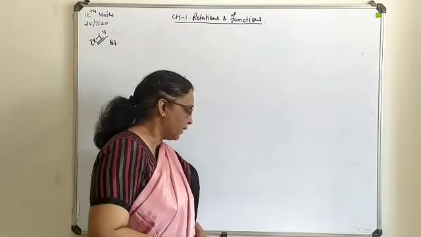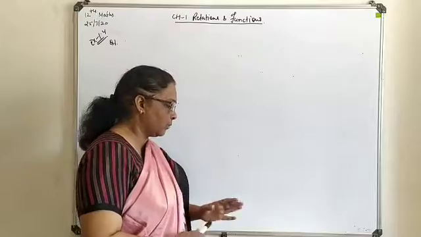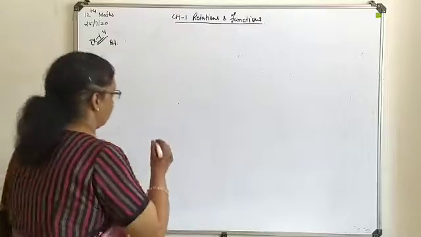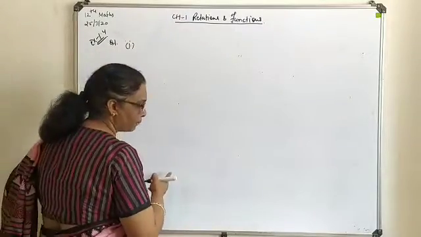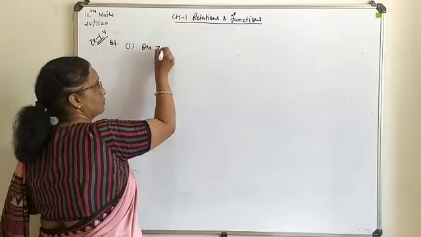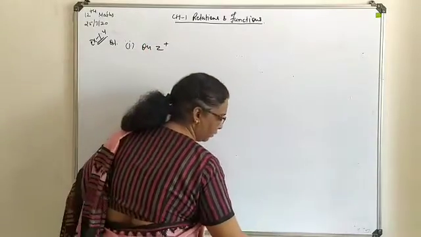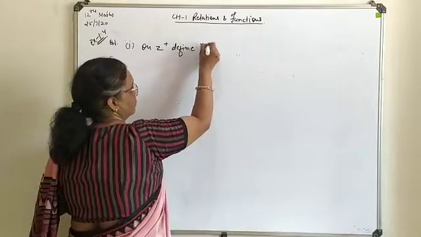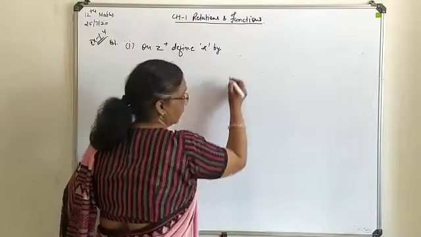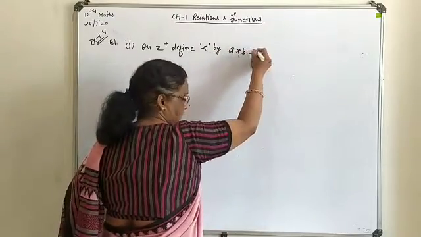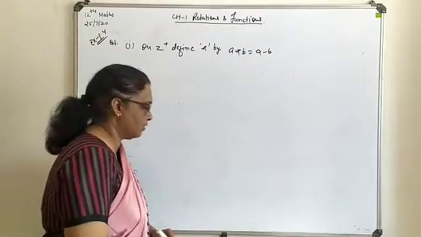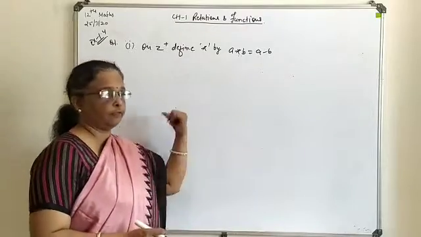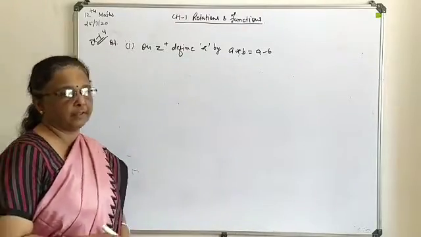For all of them we have to check whether a binary operation can be defined on the given relationship or not. First of all, we are going to check the first one only, in which the function is defined on Z plus. Here you have to justify whether it is a binary operation or not, that is, whether a binary operation can be defined for this given one or not.